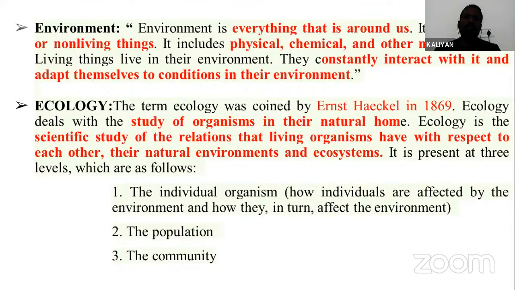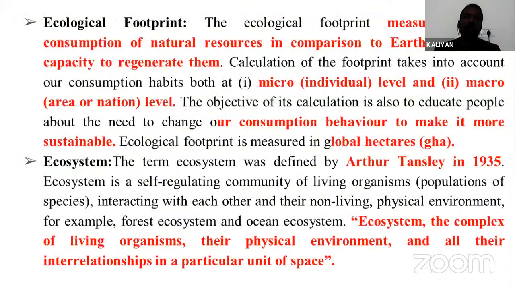Ecology is the scientific study of the relation that living organisms have with respect to each other, their natural environment and ecosystem. The ecology functions at three levels: individual, population, and community. Next, ecological footprint: the measure of human consumption of natural resources in comparison to Earth's ecological capacity to regenerate.